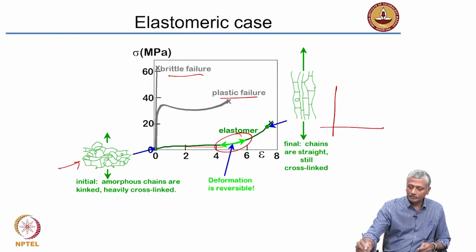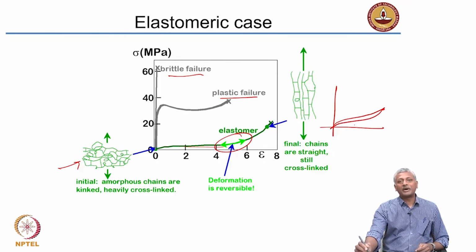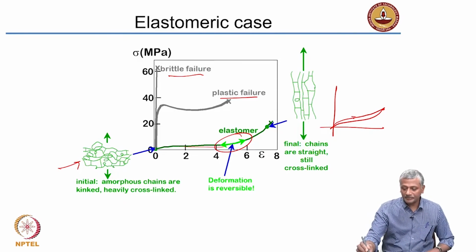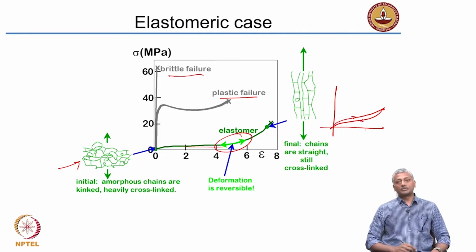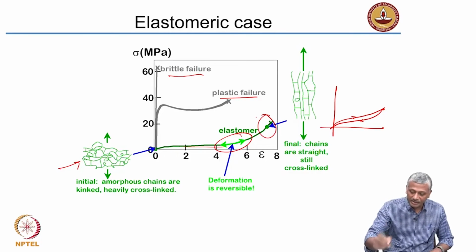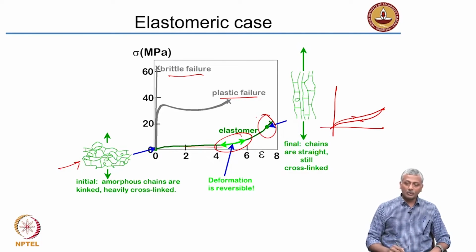When you unload, so as the material goes up like this, if you unload at this point, it will come back. It may not come back across the same path. It may exhibit what we call as hysteresis, but it will come back to the point 0. That means it will have no deformation when you remove the load. So, there is no plastic flow happening here, but there will be ultimately failure when you straighten up the chain significantly and then the chain starts rupturing.